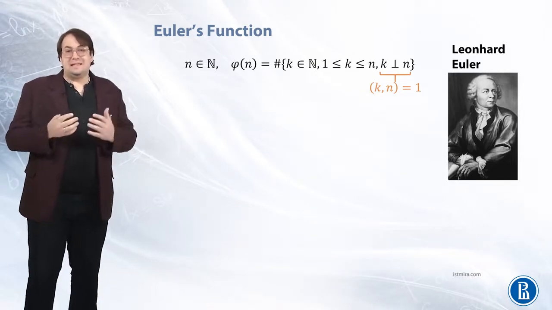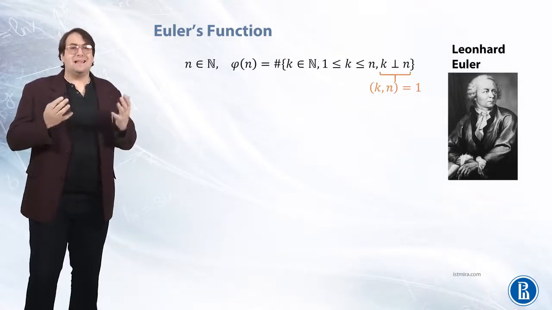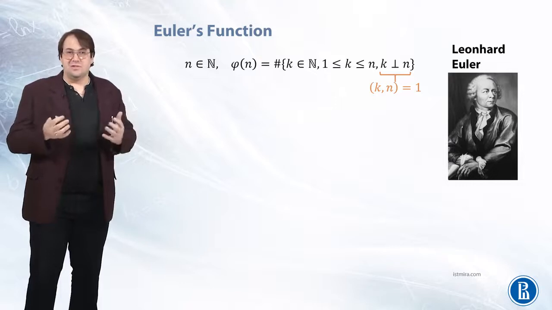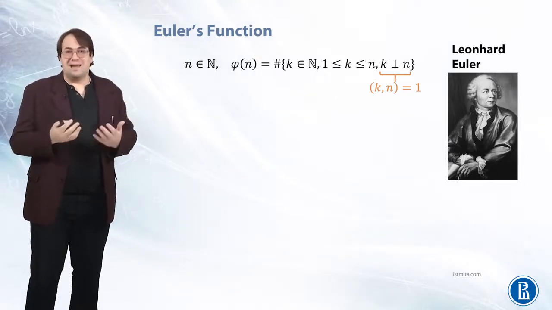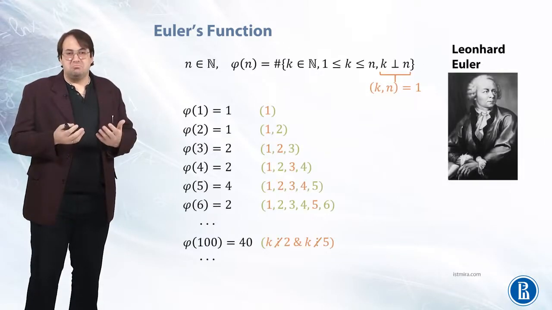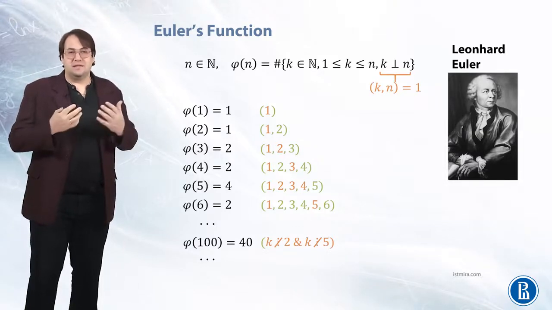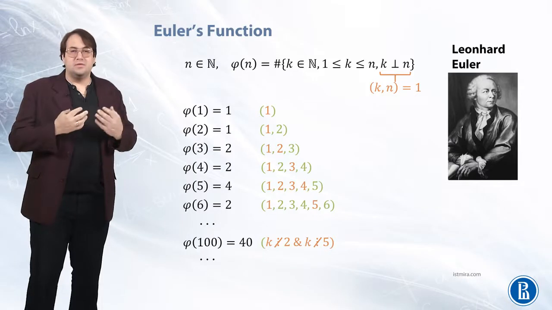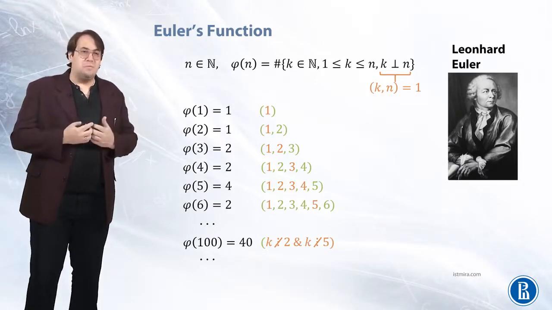Well, let's consider several examples of n and calculate the Euler's function of n, so that we get a bit more acquainted with this new notion. For instance, phi of 1. Phi is the Greek letter by which we denote the Euler's function.